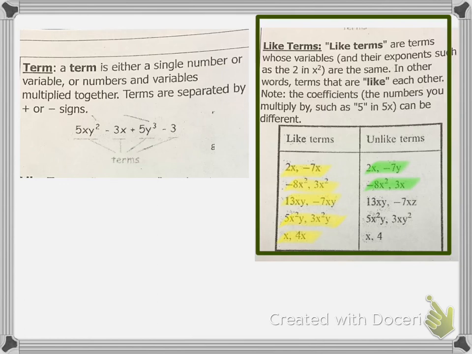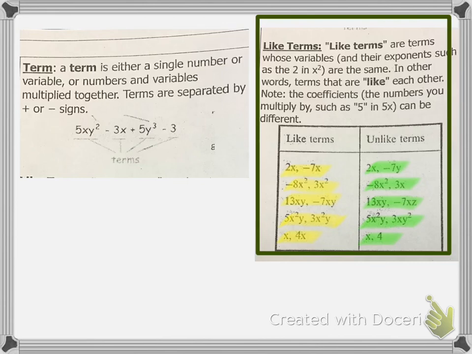One has x squared, the other has just x. 13xy and negative 7xz. xy is not the same as xz, so they are unlike. X squared y and xy squared. The exponent is on the x on the left-hand side and on the y on the right. So those are unlike terms. And then x and 4, the 4 is missing, being multiplied with x, so those are unlike terms.